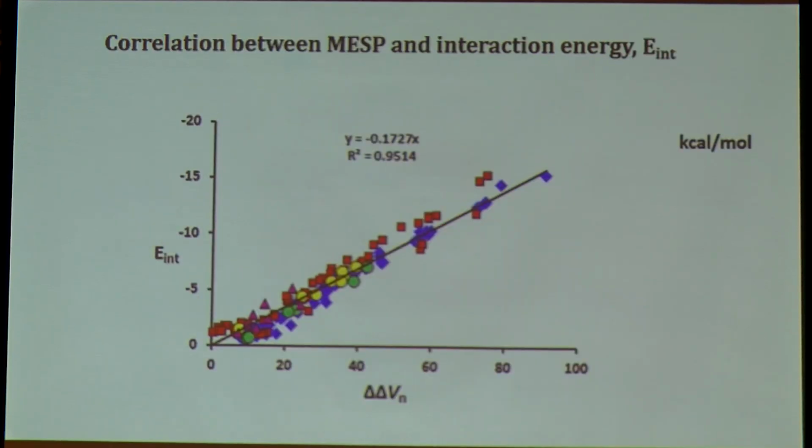And in all such complexes, different colors mean different types of bases are used, 5 different types of bases on different acceptors. So everywhere there is a strong correlation. How much the donor-acceptor interaction is, you can actually measure from the delta V value, which is proportional to the interaction energy.